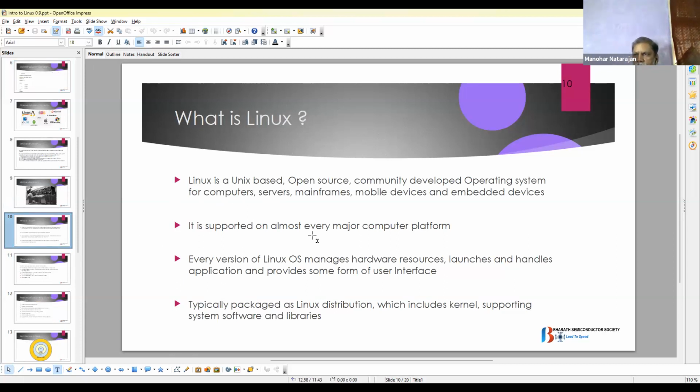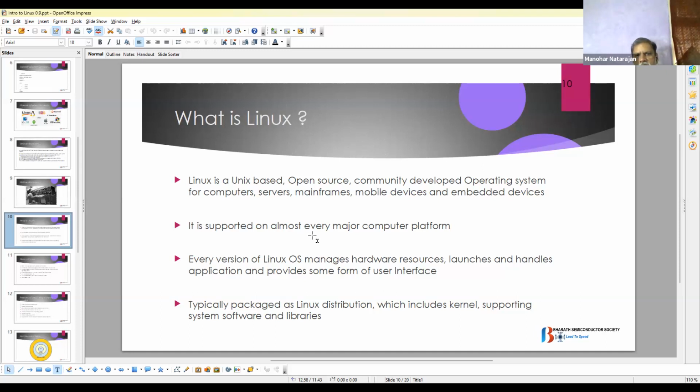If you see Windows, you have Windows 7, 8, 10, 11, but all of them come from only one organization, Microsoft.